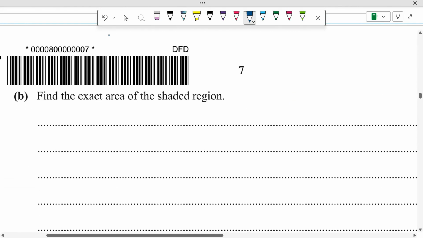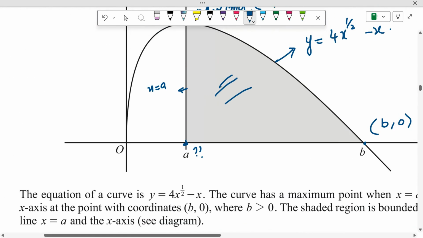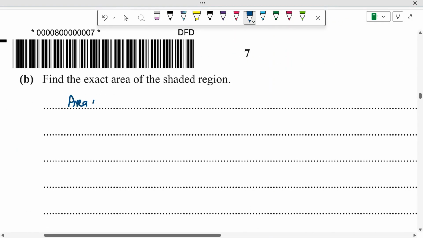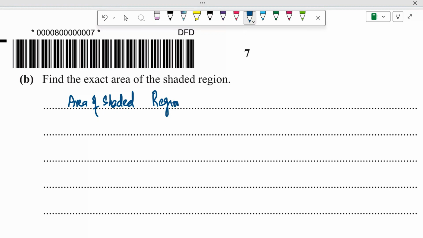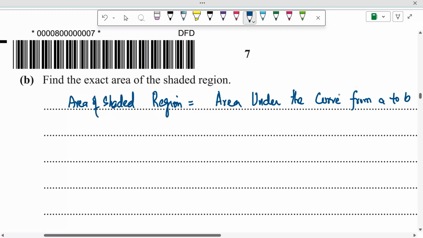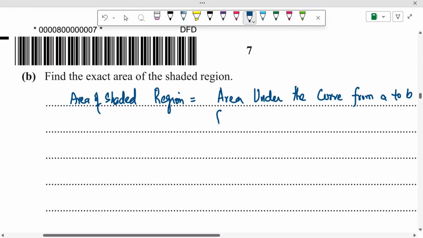Part B, find the exact area of the shaded region. We need to find the area of this shaded region, and we know that the shaded region is under the curve from a to b. So the area of the shaded region is equal to the area under the curve from a to b, which is the integral of y with respect to x from a to b.